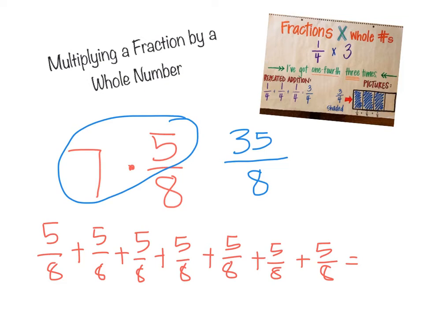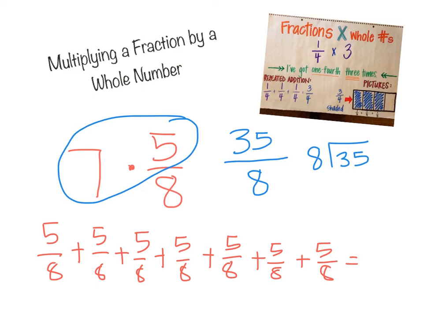So I need to ask myself, how many times can 8 go into 35 evenly without going over? So I'm actually going to divide 35 divided by 8. I know that 8 times 3 is 24, 8 times 4 is 32, and then 8 times 5 is 40.